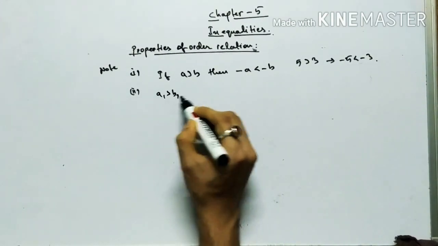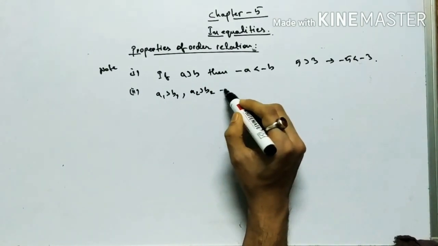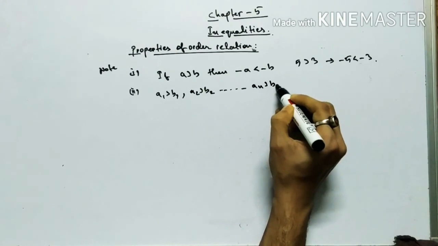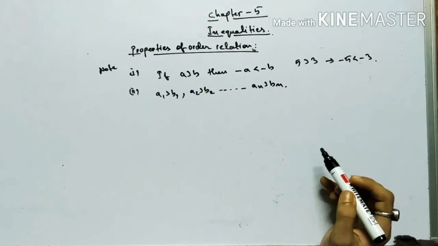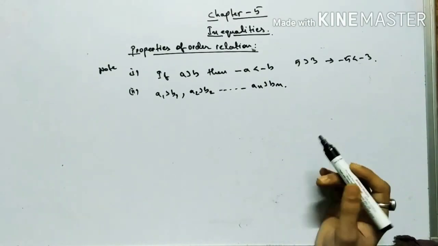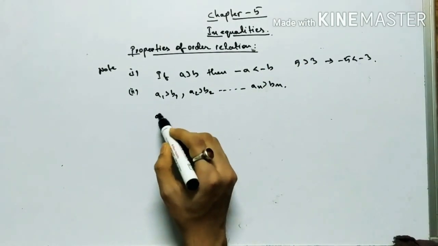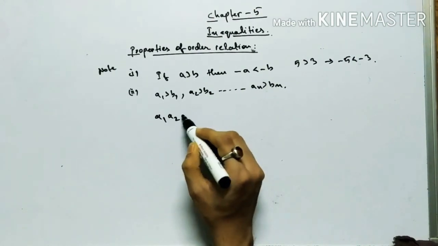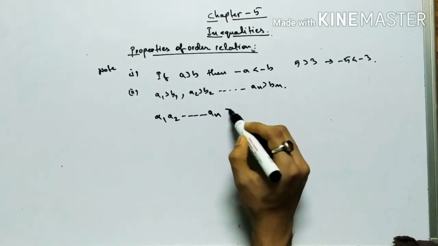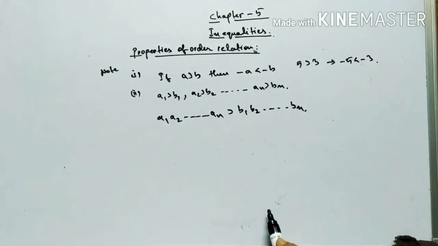Next, number 2: A1 greater than B1, A2 greater than B2, and so on, up to AN greater than BN, and all the terms are positive. That means A1, A2, AN, B1, B2, BN are all positive. Then if you multiply them, A1, A2 up to AN will be greater than B1, B2 up to BN.